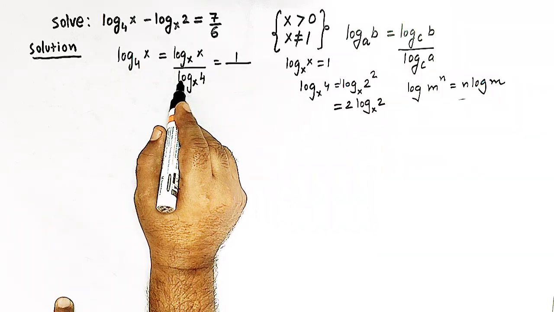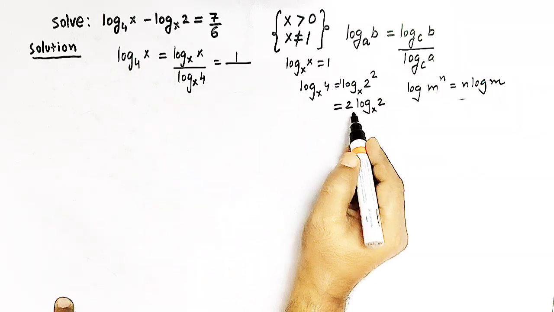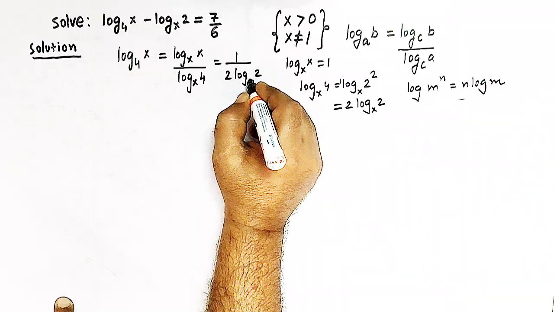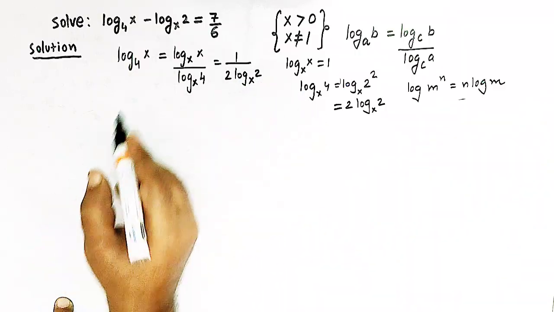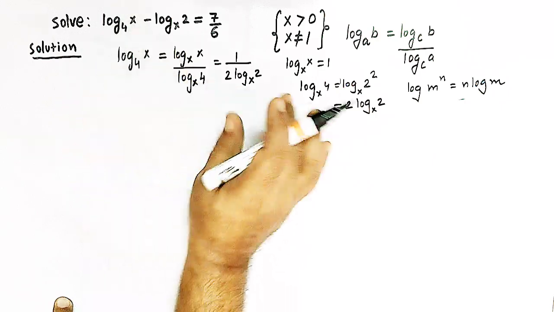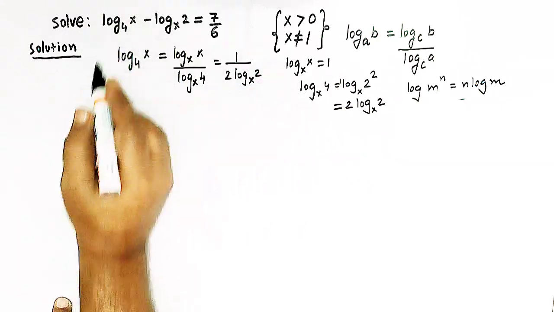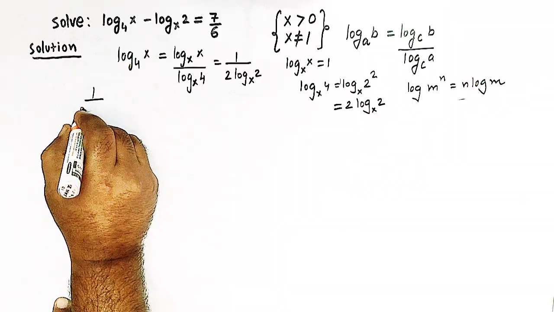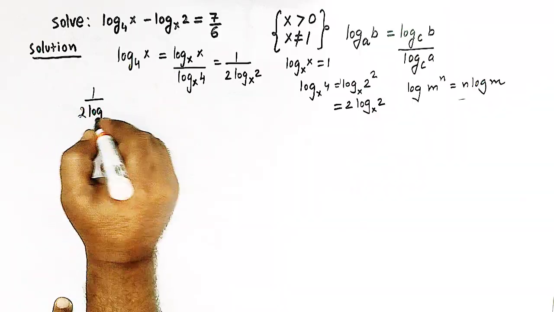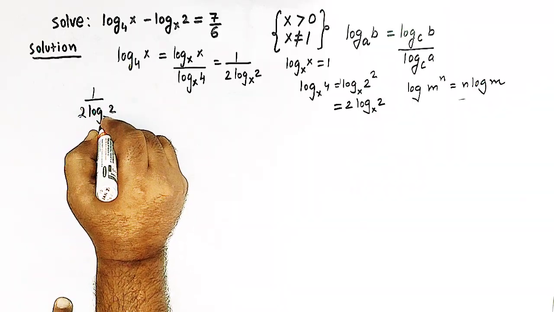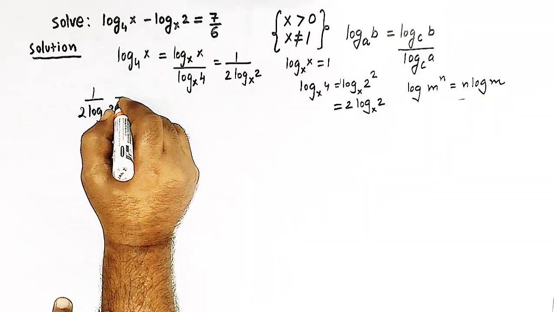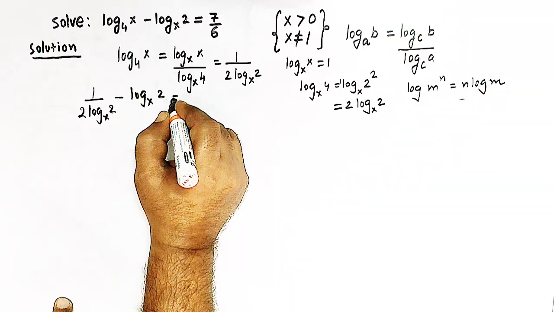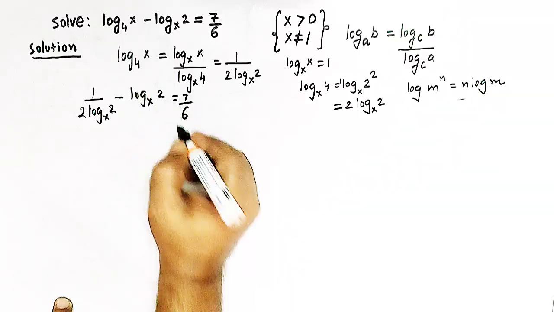So now we can replace log 4 to the base x by 2 times logarithm of 2 to the base x. So now replacing this term by this one, we can now write this equation as 1 over 2 times log of 2 to the base x, and then we have minus log of 2 to the base x is equal to 7 over 6.